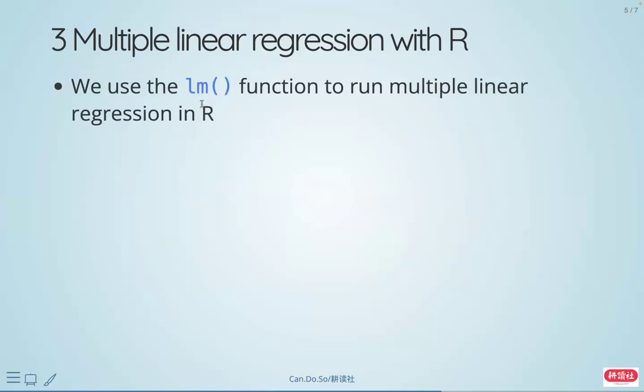We also use the lm function to run multiple linear regression. lm stands for linear model. Although there are multiple factors, it's still a linear regression. We will cover nonlinear regression models in future courses.